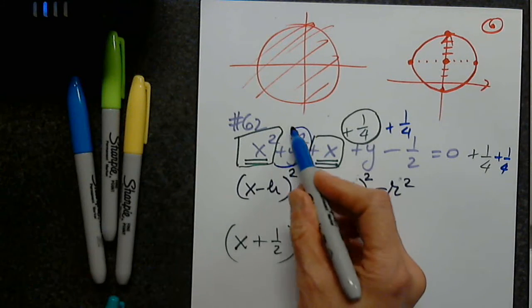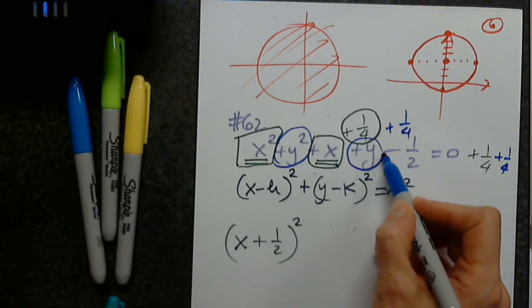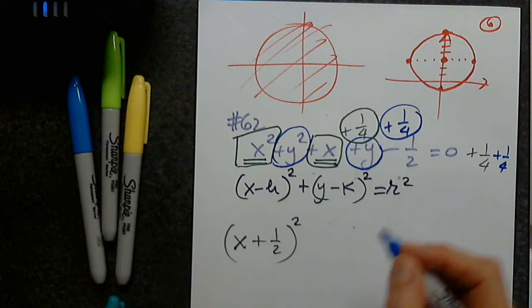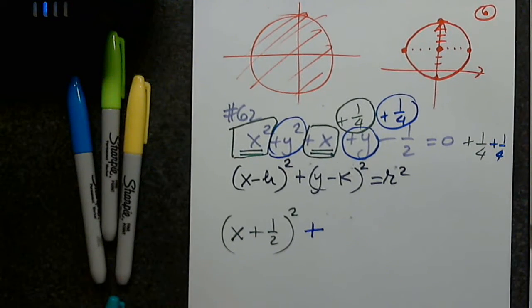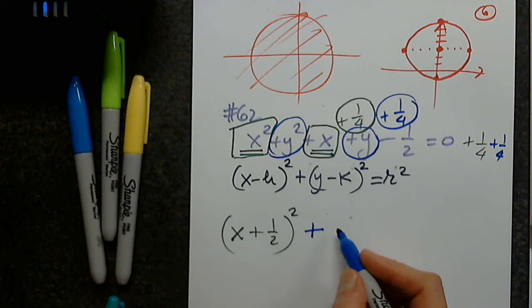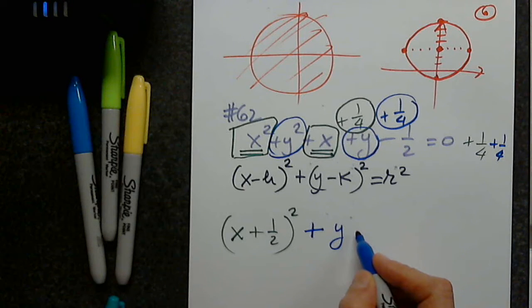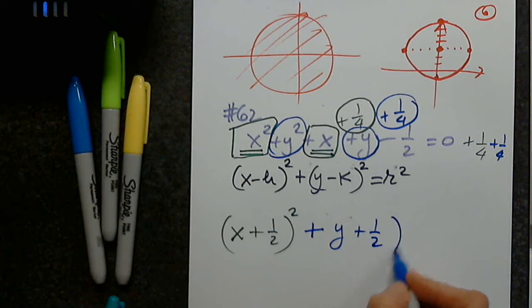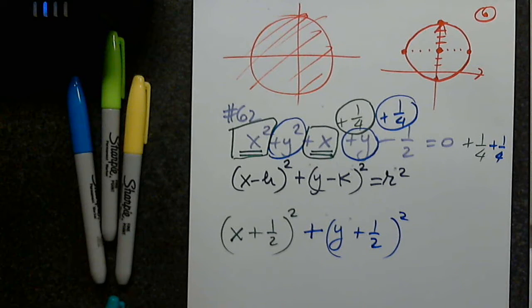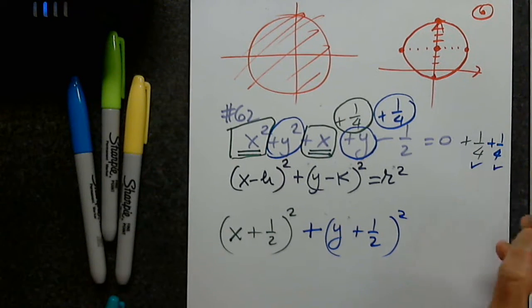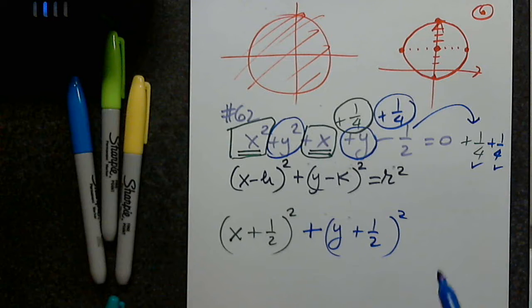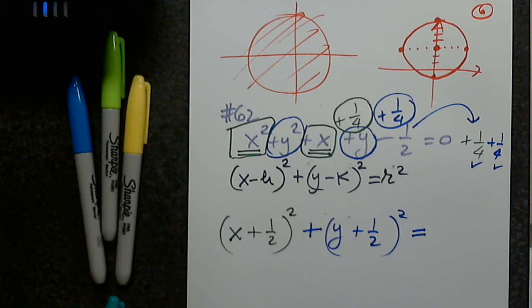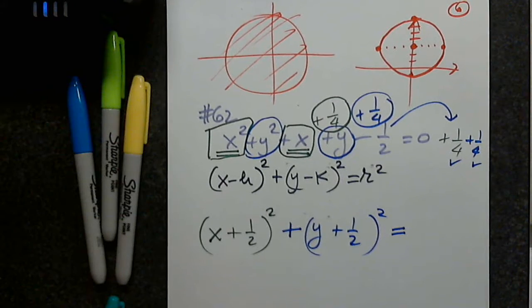So now this and this and this are here. Plus 1/2. That's it. So let's see what's left. This is left, and I have to move 1/2 to the other side. 50 cents plus a quarter plus a quarter.